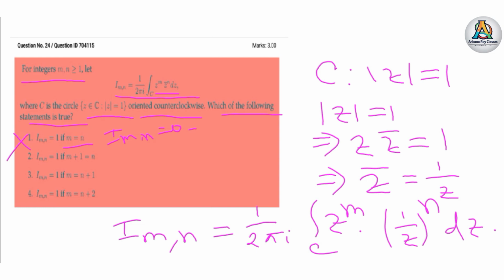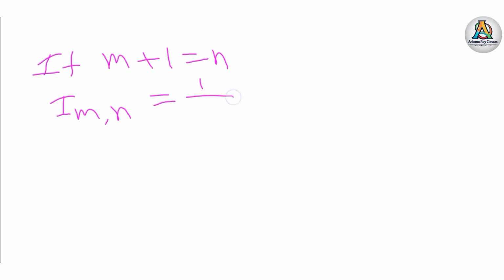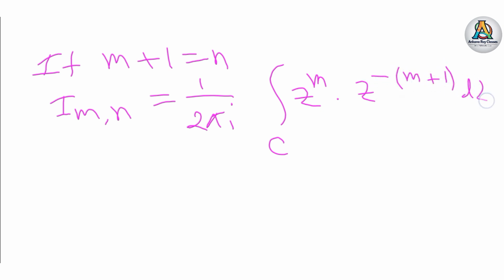Option 2 is when n is equal to m plus 1. Let us check this case. If m plus 1 is equal to n, then I_mn is equal to 1 by 2 pi i integration over C z to the power m into z to the power minus (m plus 1) dz.